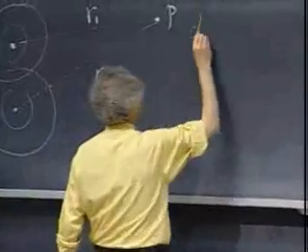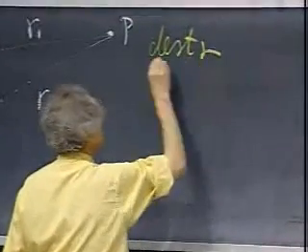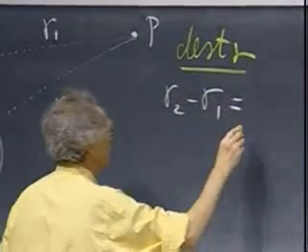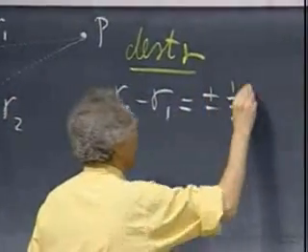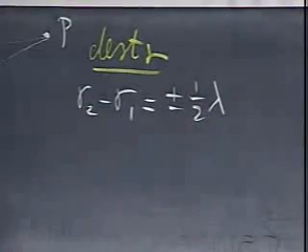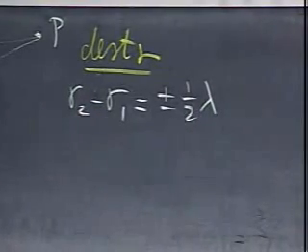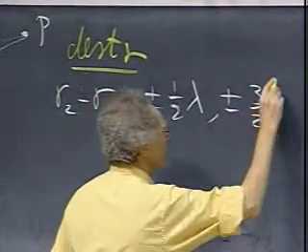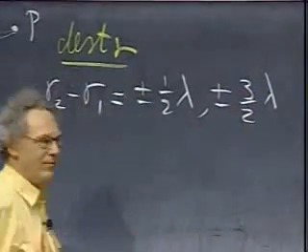And so we're going to have destructive interference when r2 minus r1 is, for instance, plus or minus 1/2 lambda, but it could also be plus or minus 3/2 lambda, 5/2 lambda, and so on.